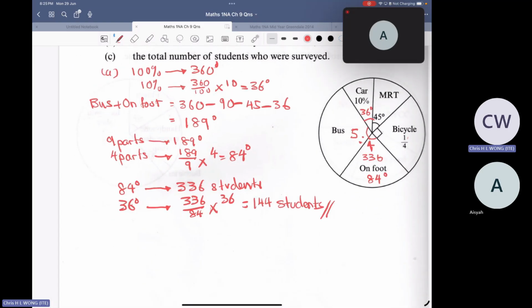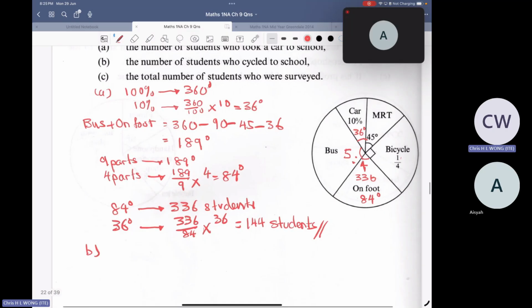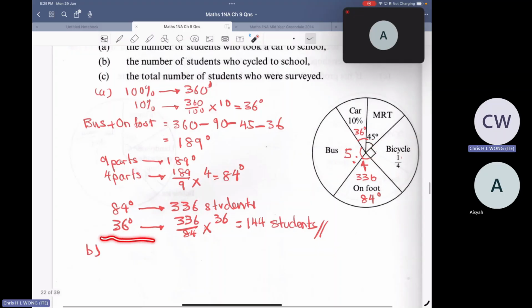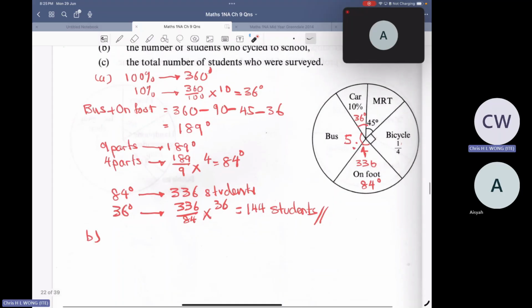So this is A. B, you're supposed to find out how many students cycle to school. This one is 90 degrees. Just find out why 90 degrees. You can use the answer from here: 36 degrees, 144 students. 90 degrees, how many students? Same thing, right? So use the answer that you found. 36 degrees gives you 144 students.